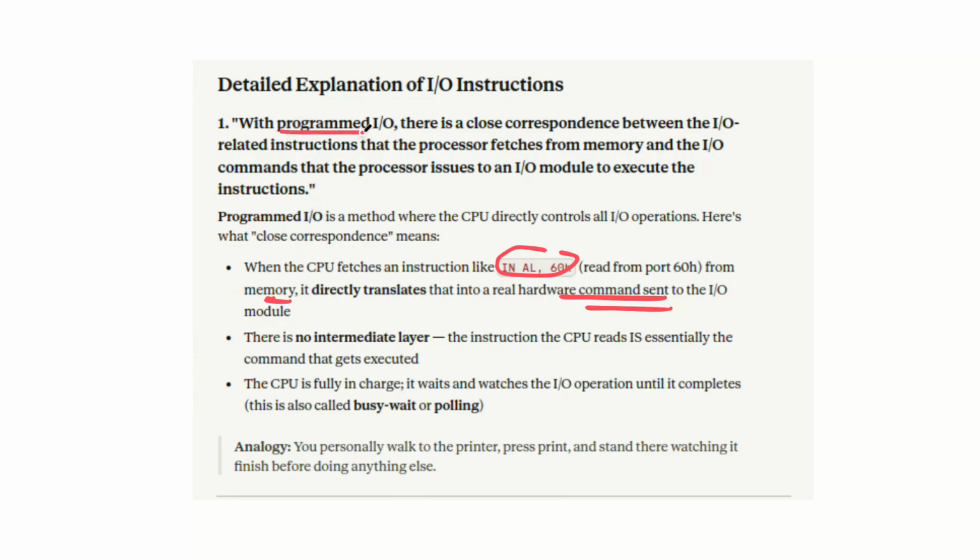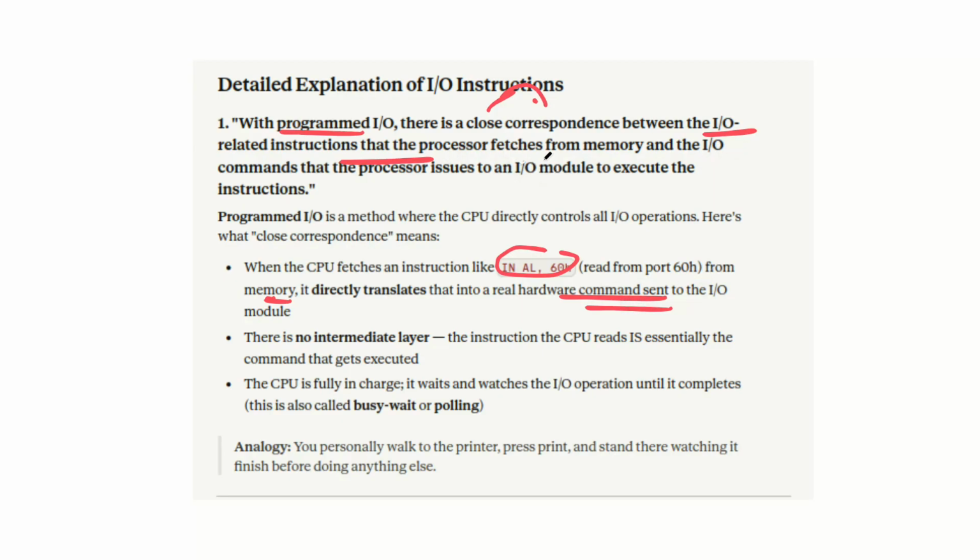So what happens in programmed IO is that there is a close correspondence between the IO related instruction that the processor fetches from the memory, and the command the processor executes.